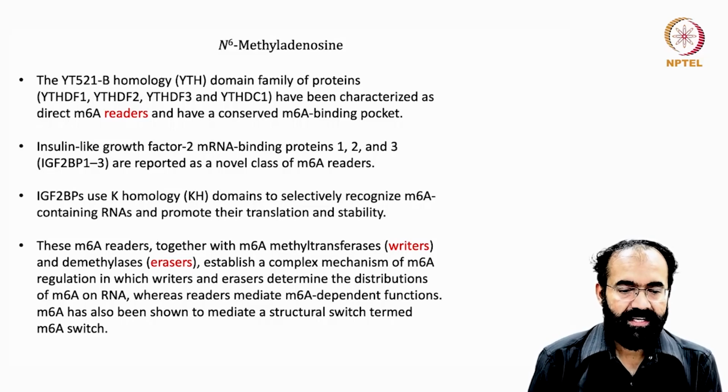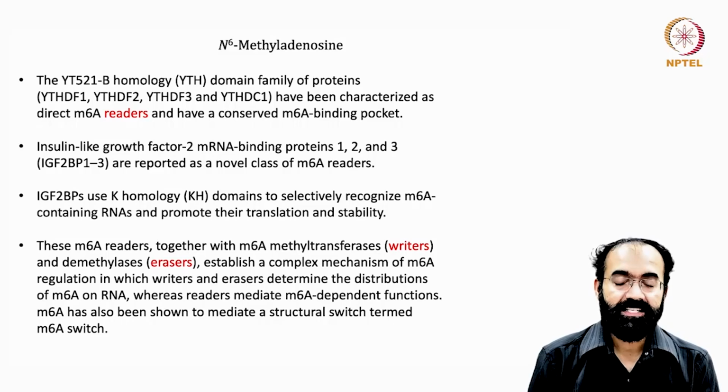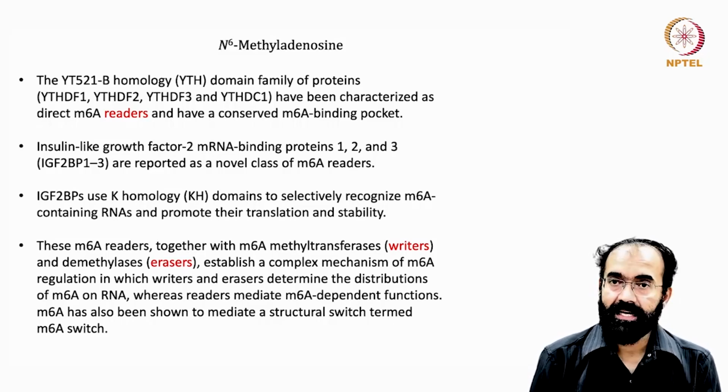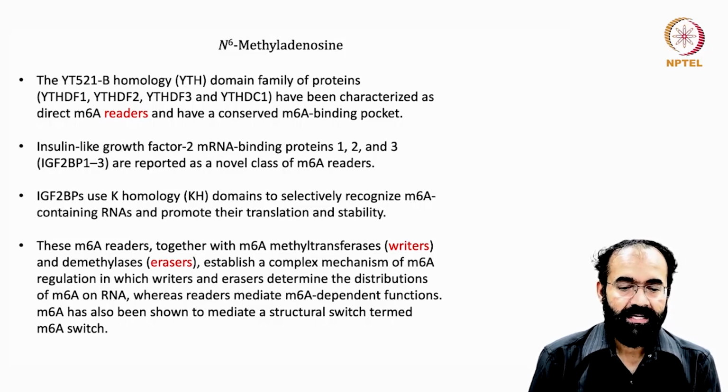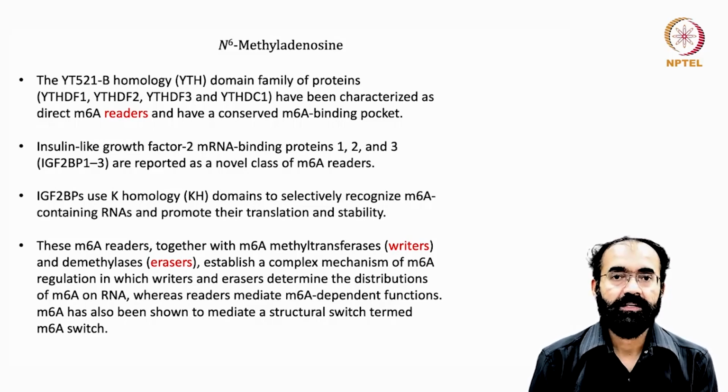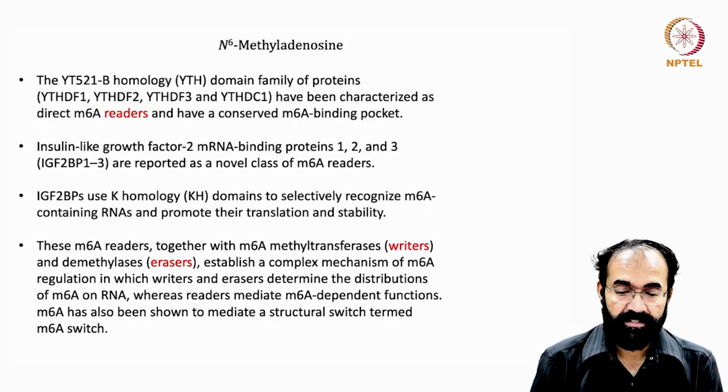So the YT521-B homology, and we usually call them the YTH domain family of proteins, and there are different members like YTH-DF1, YTH-DF2, YTH-DF3, YTH-DC1, and many more will be discovered in future years.